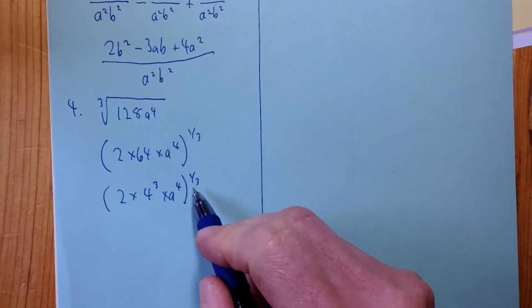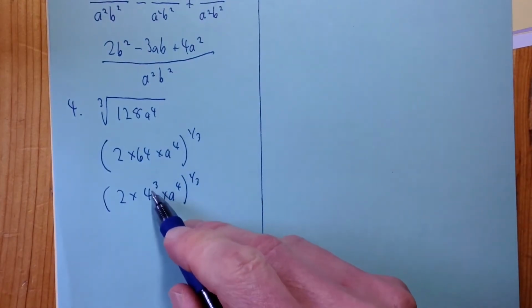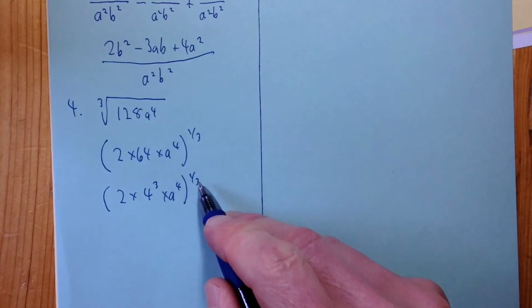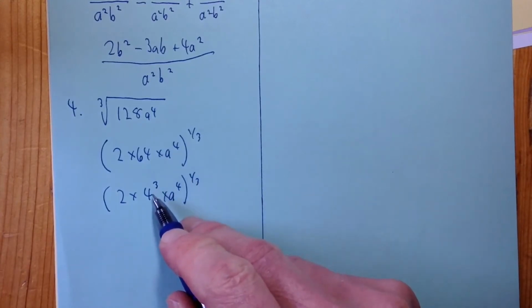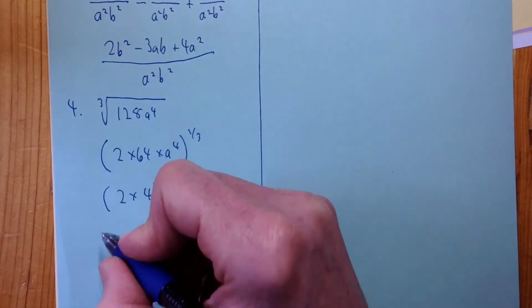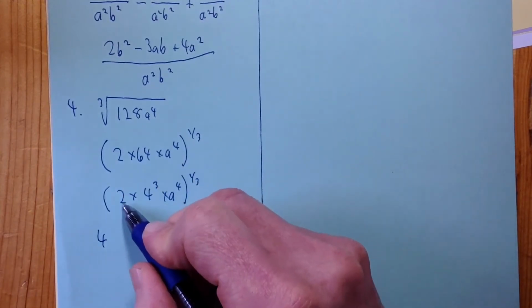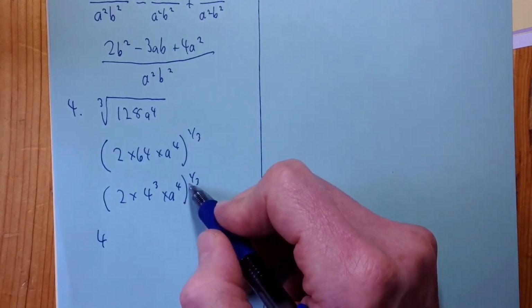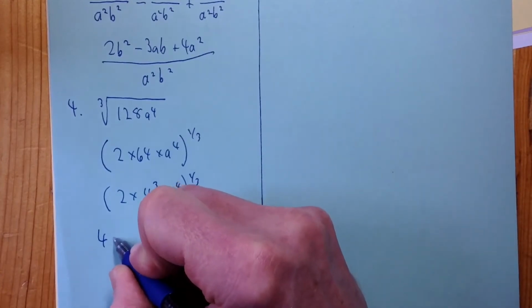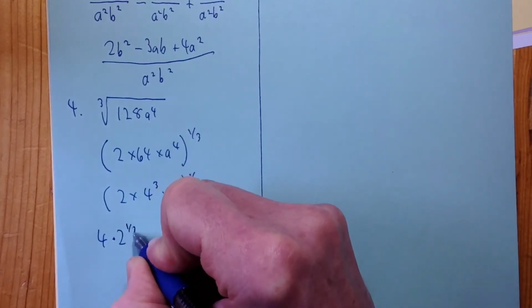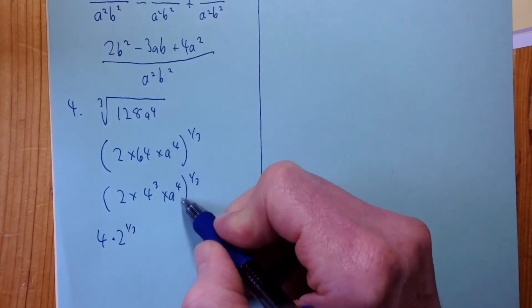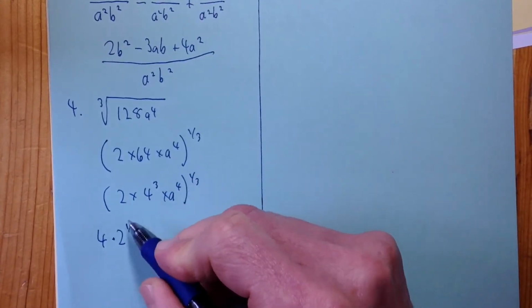Okay, 1/3 and 3, you can take a 4 out now, because 1/3 power times 4 to the 3rd is just 4. So we can take a 4 out of the root, and the 2 is just 2 to the 1/3. So we can say 4 times 2 to the 1/3, and the a to the 4th, remember you always multiply powers.